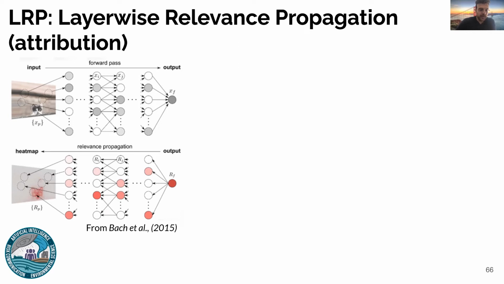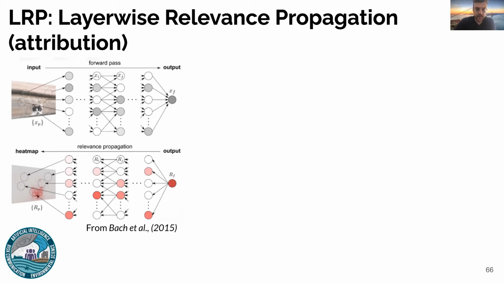Now, if we keep doing that until we reach the input layer, this is essentially our heat map. And in this way, as you see in this example, we have identified that the network has focused on the bottom and central part of the image to predict that this picture is a picture showing a cat. Now, how do we do this estimation of the relevance, though, this estimation of the attribution?